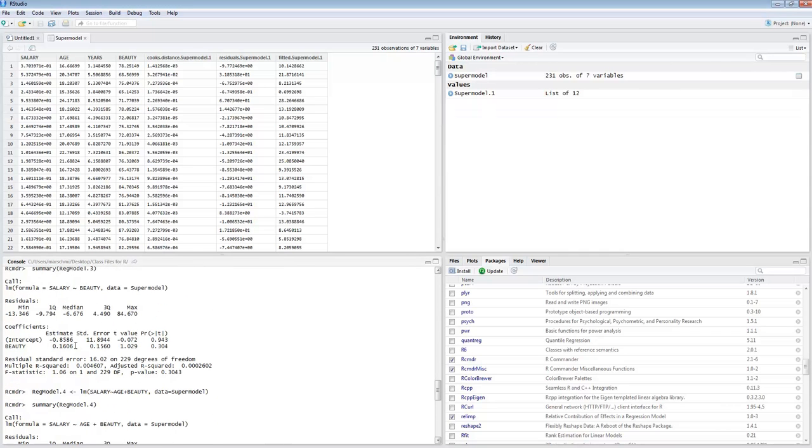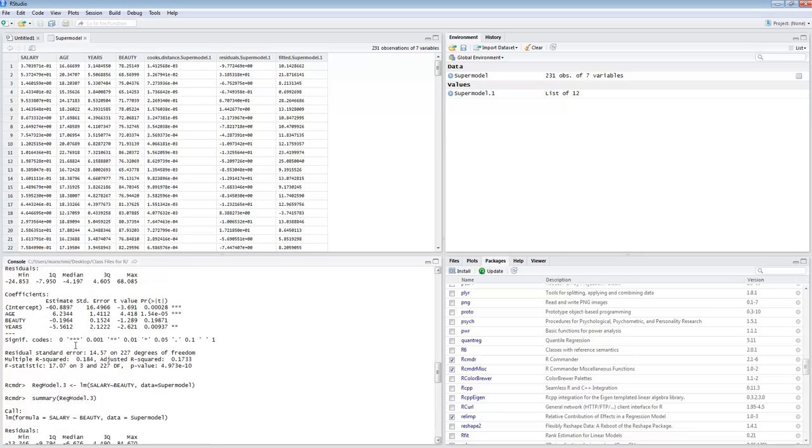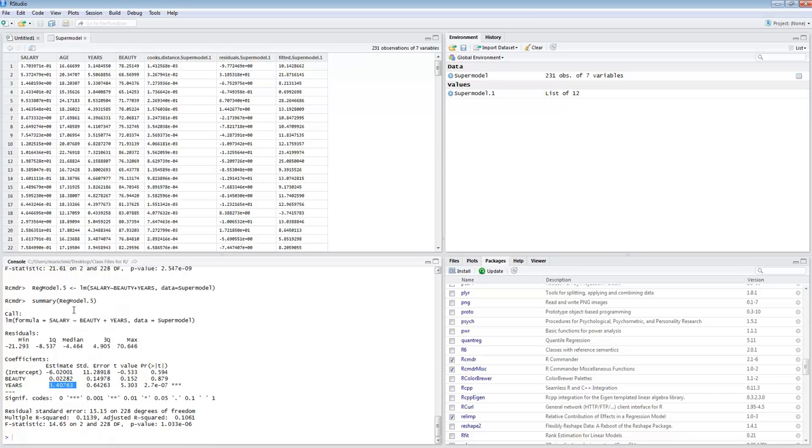In the first model, where we had both of these variables in the model, they were both measuring the same thing, because we already confirmed that we had a multicollinearity issue. We can see that as we run them independent from each other, they become significant positive predictors of salary.